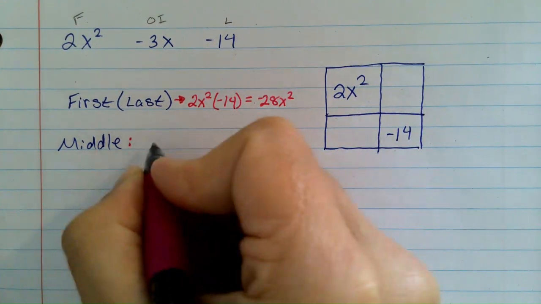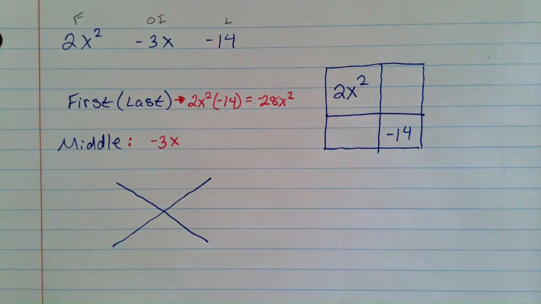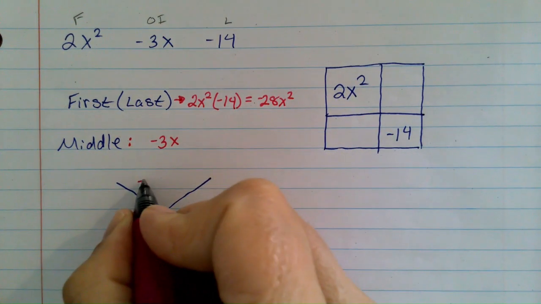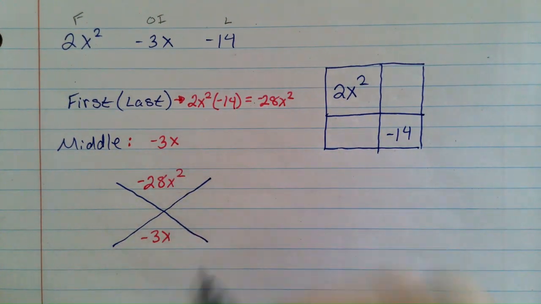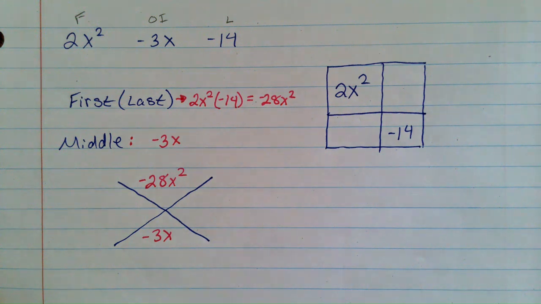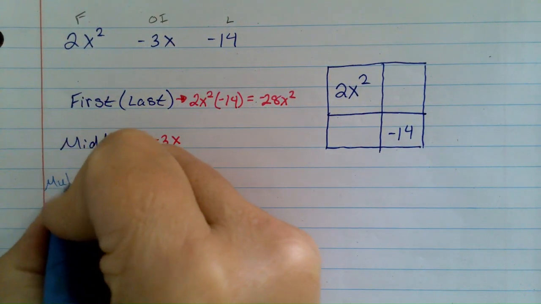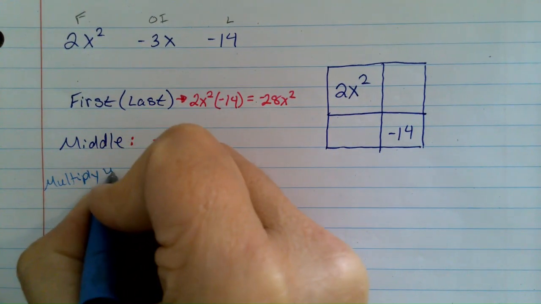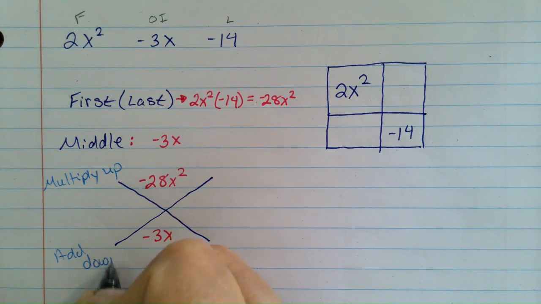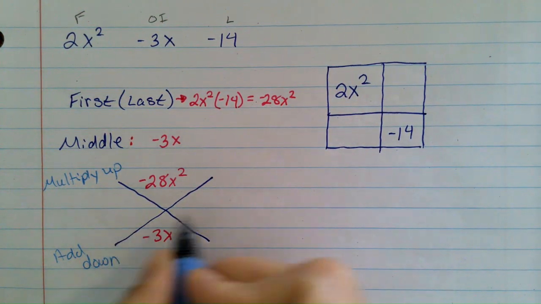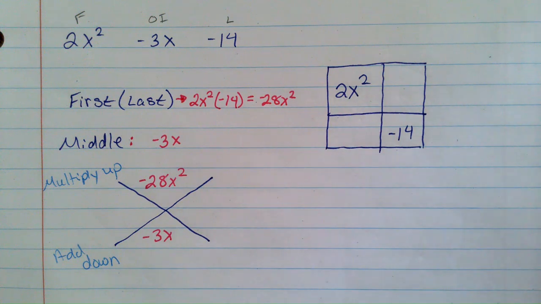And my middle number is -3x. And we're going to need something that multiplies up while simultaneously adding down. And those two things that we pick for here and here are actually what's going to go into the box.